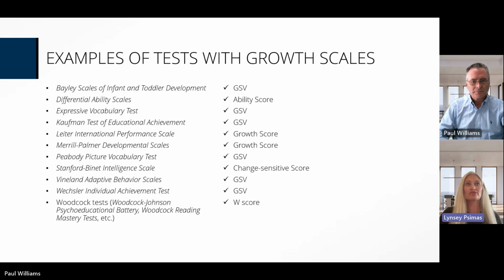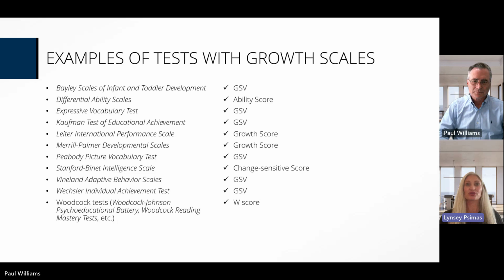So here are some examples of tests with growth scale values. This metric has been used for over 50 years. So while they're increasing in the research that's out there, they're not a new type of metric. They're included on many well-known tests like the Bailey, the DOS, the KTEA, the PPVT, and the Wyatt.